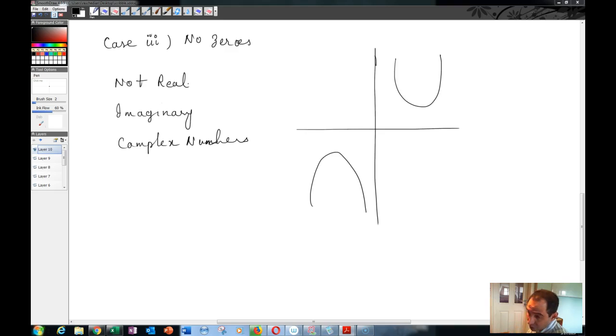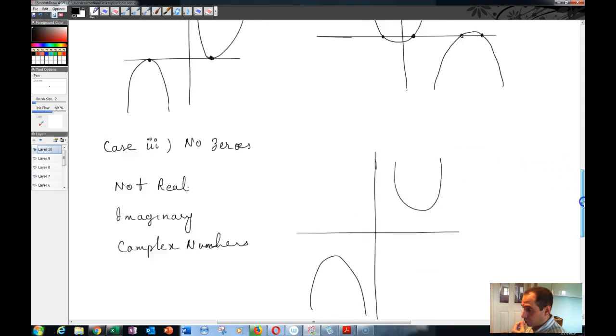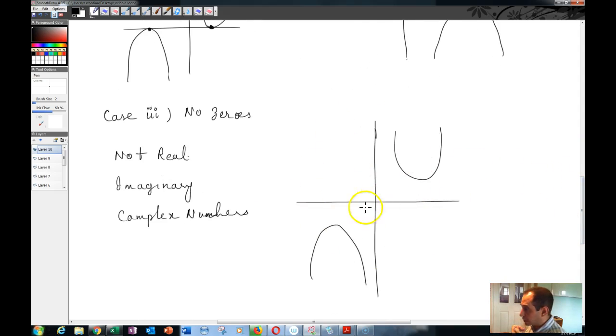So basically, you could either have two distinct zeros, as in the case of these polynomials here, or basically two equal zeros, where the two distinct points become coincident. Or you will have no zeros, as in the case of these polynomials over here.